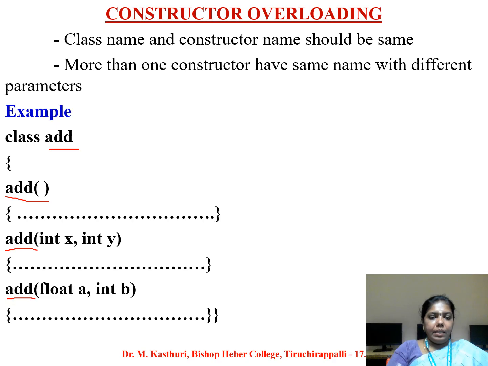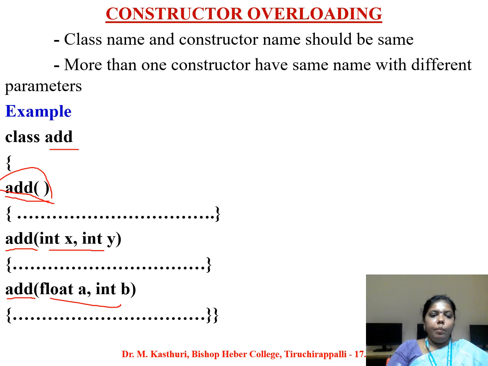Here, the first constructor does not have any parameter. This constructor is called the default constructor. The second constructor has two variables: one is int x, another one is int y. The third constructor has two variables: one is a float, another one is an integer variable.